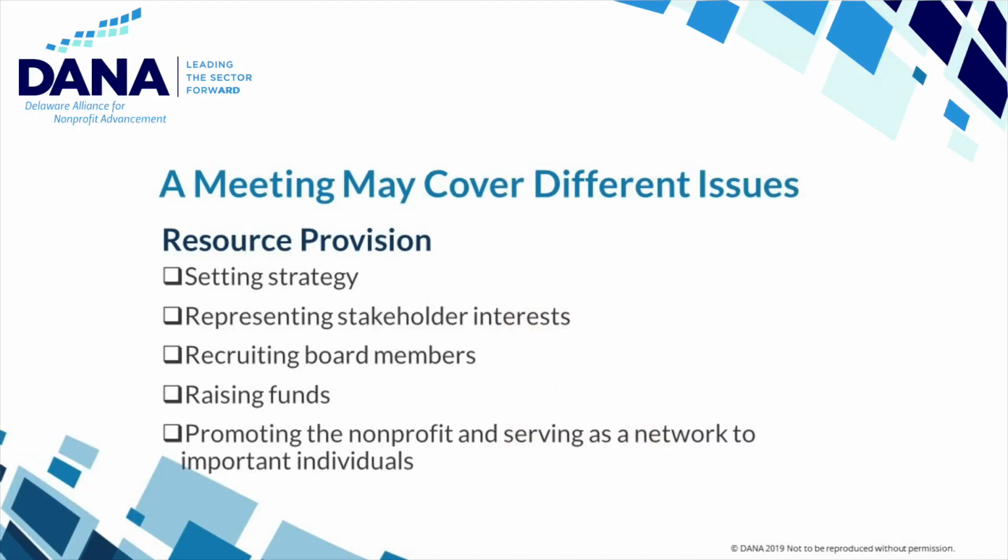Now, a board meeting can cover many different issues. And if you recall, if you've attended some of our other Dana programs, there are two key activities that boards of directors do. The first is providing resources for the organization, such as setting strategy, representing stakeholders, raising funds, and promoting the organization and its mission. All very important things, and for the board to review the progress that they're making towards that.